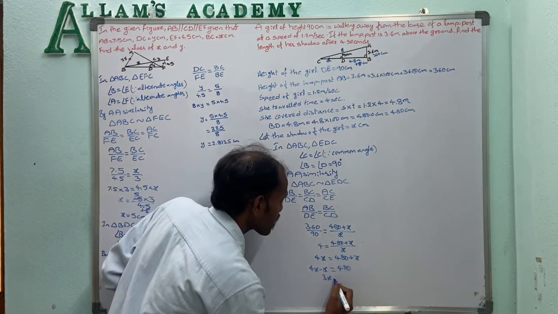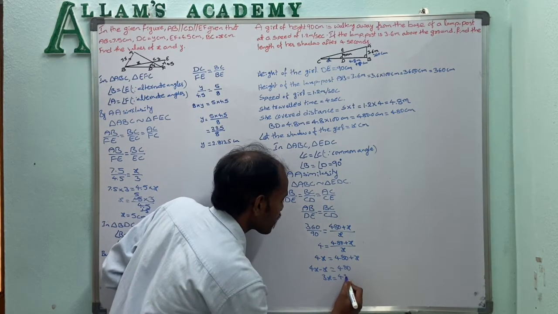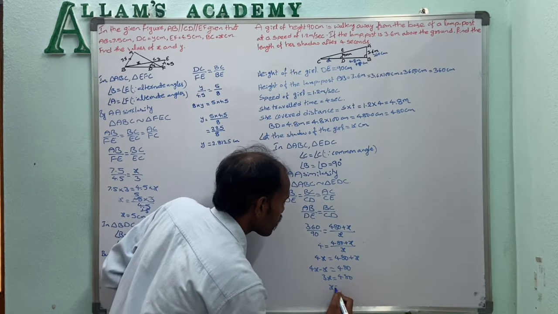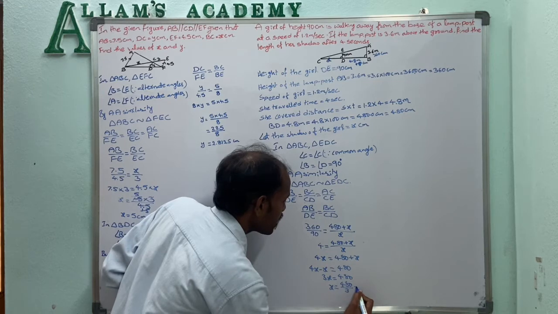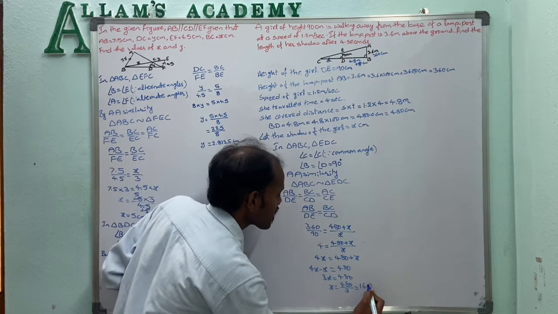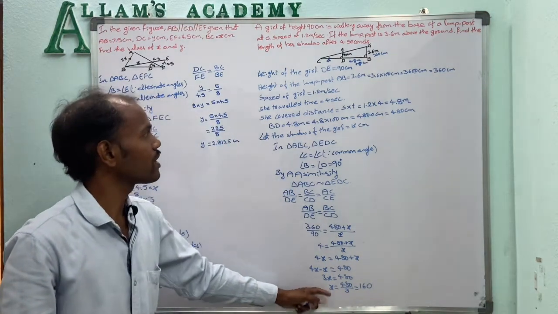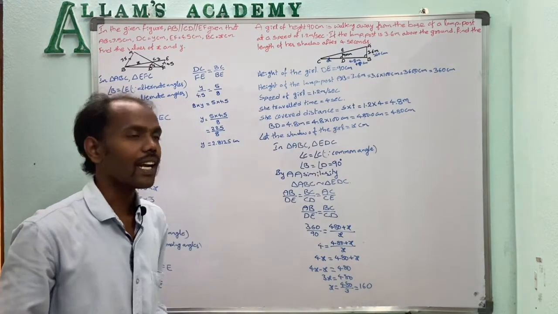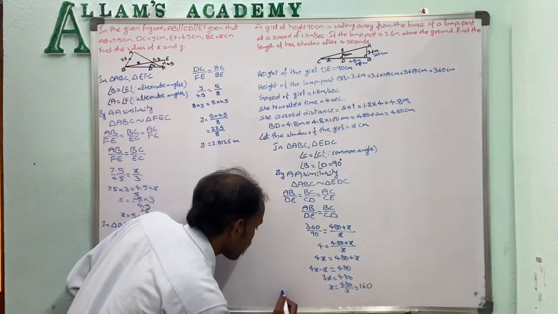So 3X equal to 480. Then X equal to 480 by 3. 480 by 3 means that is 160. So X is nothing but the length of the shadow of the girl.